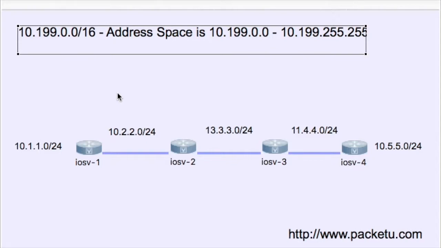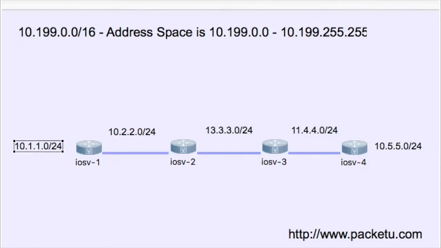That's part of a Class A network, and the range that we're looking for is 10.199.0.0 through 10.199.255.255. Again, that's based on what's been given to us or what we've determined based on our analysis of a network topology.